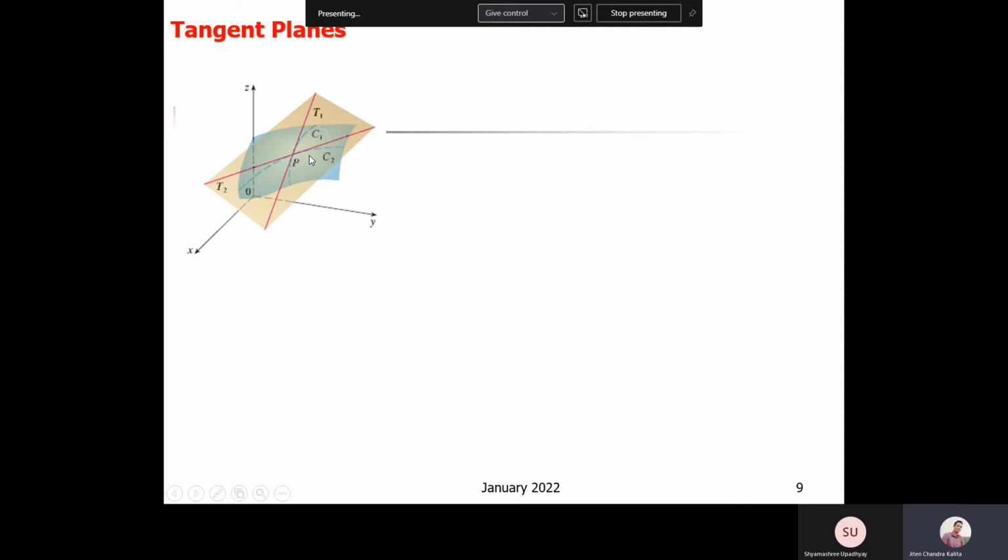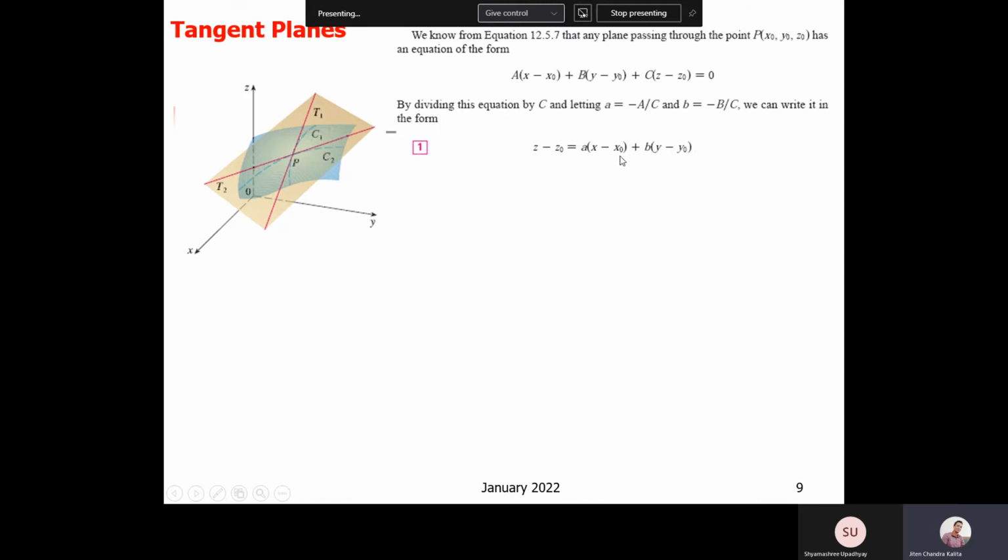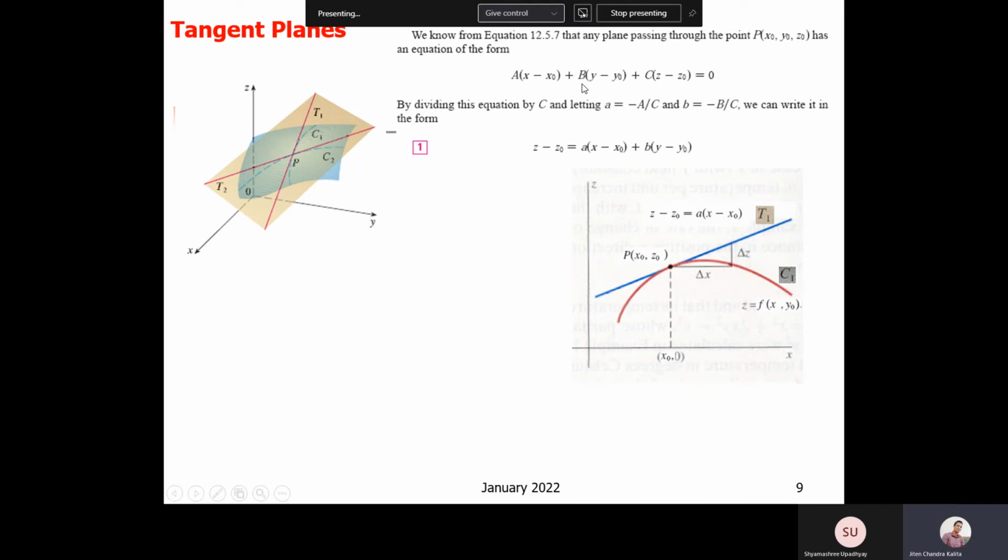If we consider planes y equal to y0 and x equal to x0, they are going to cut two curves out of the surface, like C1 and C2, and I can consider the tangents to those curves at that particular point. You are going to have a situation like this. I think I was using capital letters; these capital and small letters differ from the way I taught you earlier.